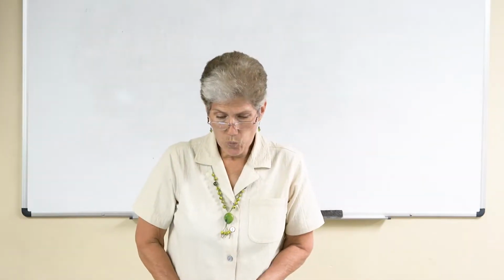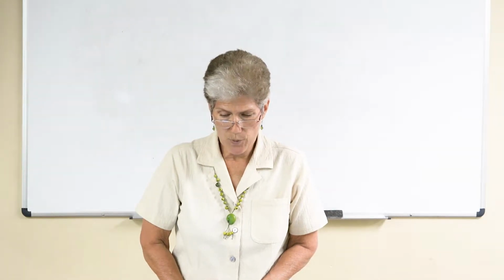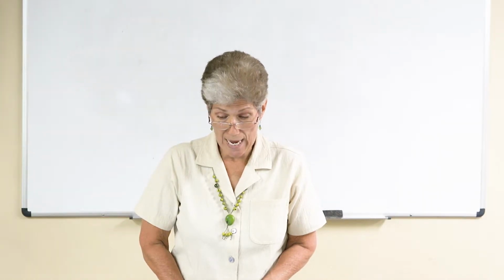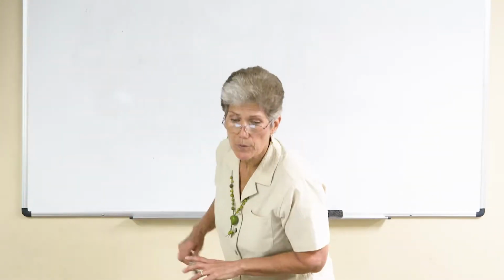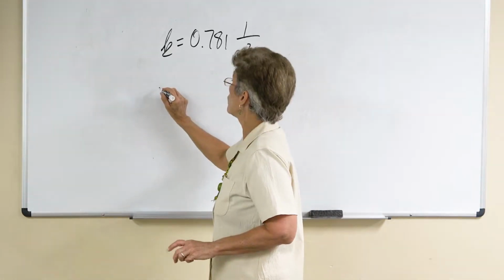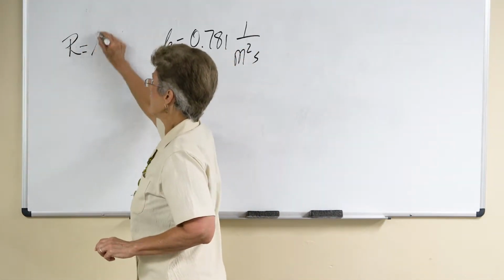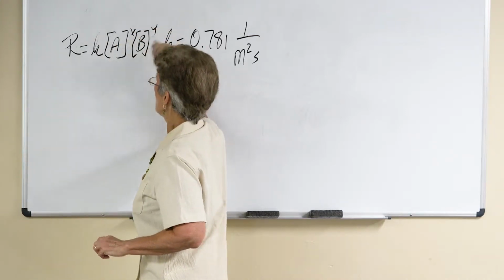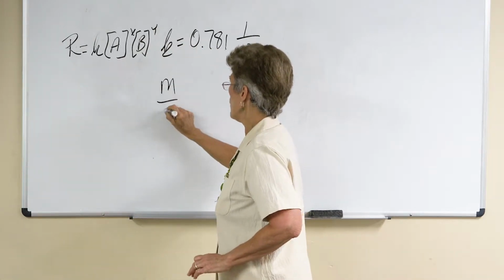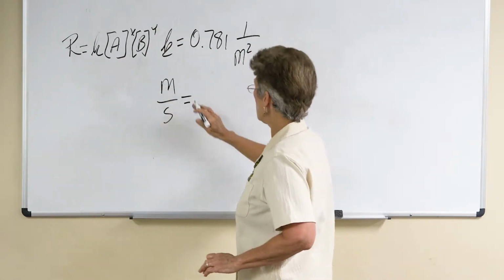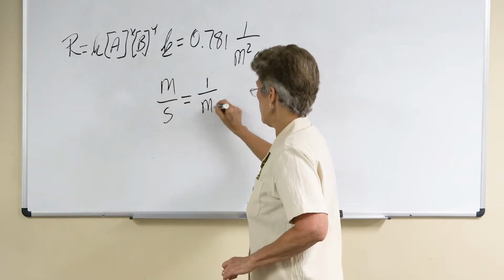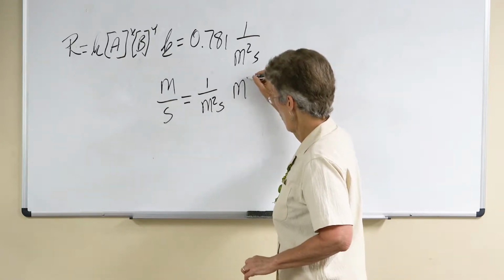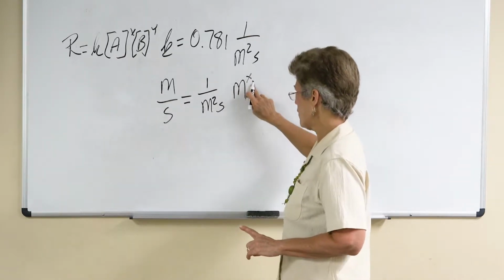Number 3, the rate constant for a reaction is 0.781 1 over molar squared seconds. What is the overall order of the reaction? Okay, I'm going to write this up here. Now we know that the rate equals K [A]^x [B]^y. So M over S equals K, which is 1 over M squared S. We want to know what the overall order is, so we're looking for this, aren't we?